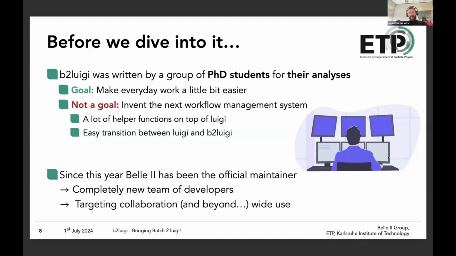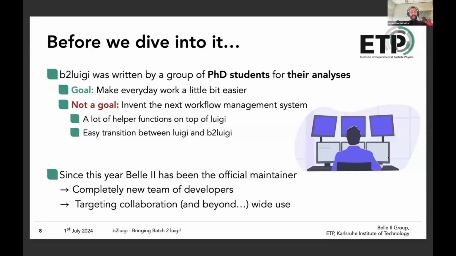Sadly, basically now all of the initial developers and maintainers of b2luigi have either left academia totally or are progressing their career a lot. So for a very short amount of time, b2luigi had no real development ongoing, and the Belle II collaboration has offered to be the official maintainer of this package.